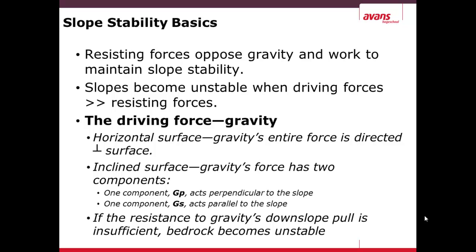However, on an inclined surface, gravity's force has two components. The first component, the GP, acts perpendicular to the slope, and the other component, the GS, acts parallel to the slope. If the resistance to gravity's downslope pull is insufficient, the bedrock becomes unstable.